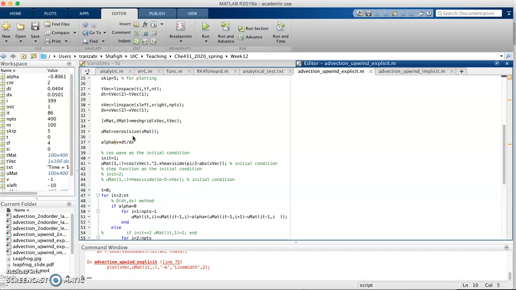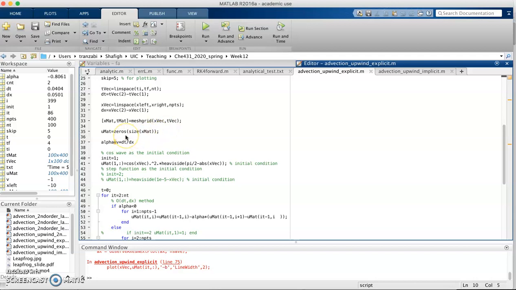Using the x and t vector, I create a mesh or a grid. So this grid has x-axis on the horizontal axis and time axis on the vertical. All right, so now I have a grid of x and time on a mesh.